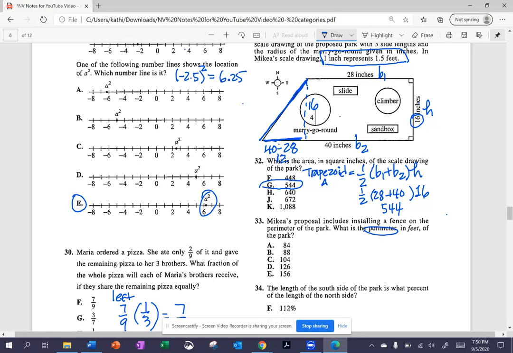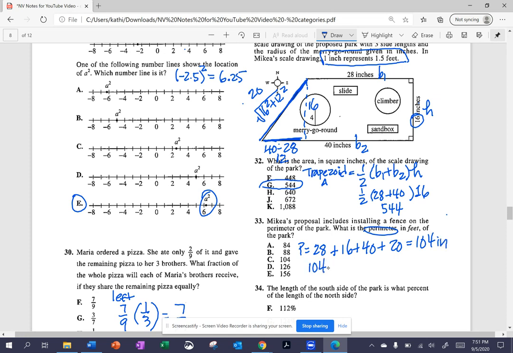So I'm going to use the Pythagorean Theorem. The distance here is going to be the square root of 16 squared plus 12 squared. So my side is 20. So my perimeter is going to equal 28 plus 16 plus 40 plus 20, which is 104 inches.